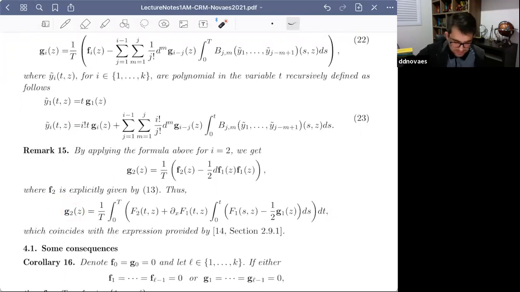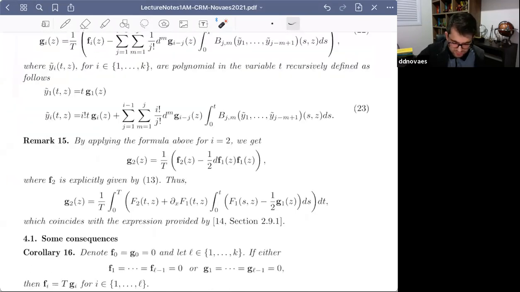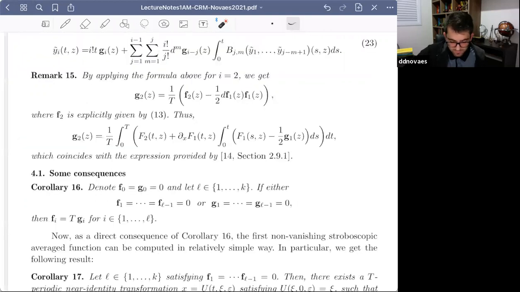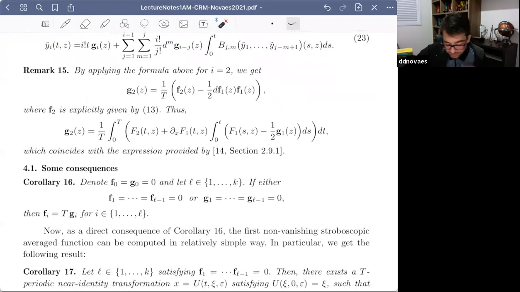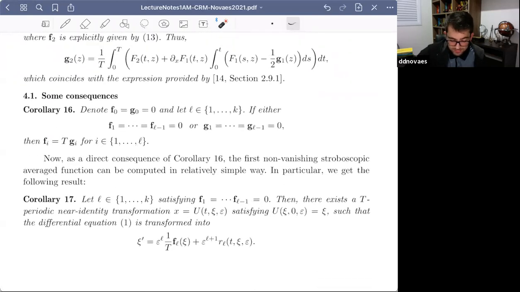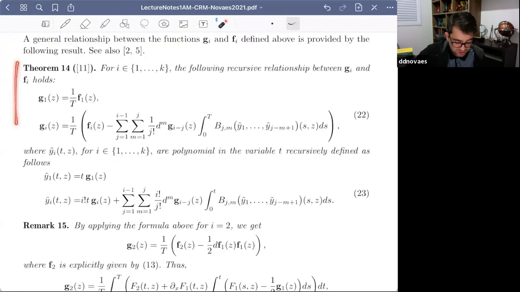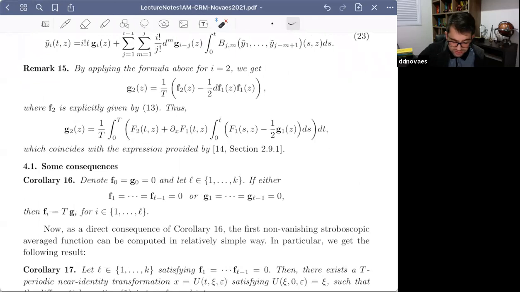Okay, and taking this theorem into account, we have some nice consequences. These have already been obtained before for planar systems. So it's a direct consequence of this general theorem. So denote f0 equals g0 equals 0, and let L be an integer between 1 and k.